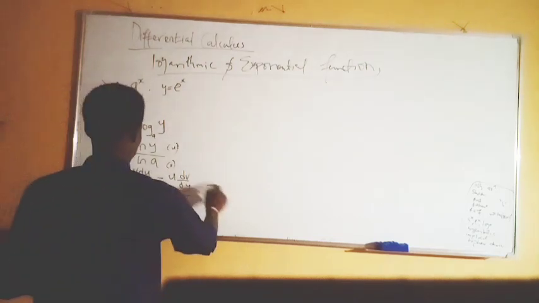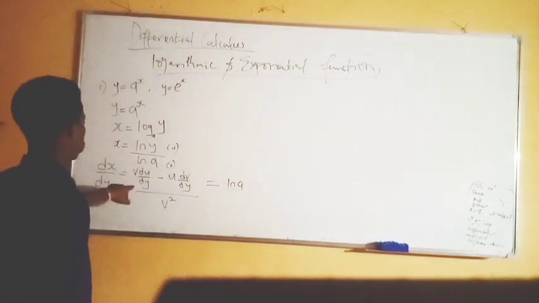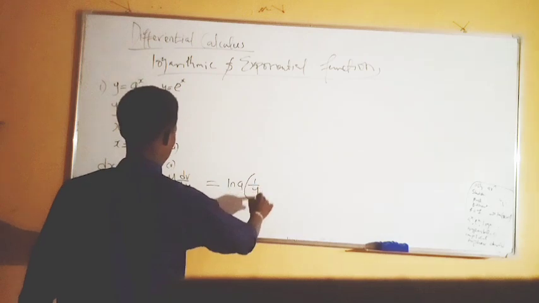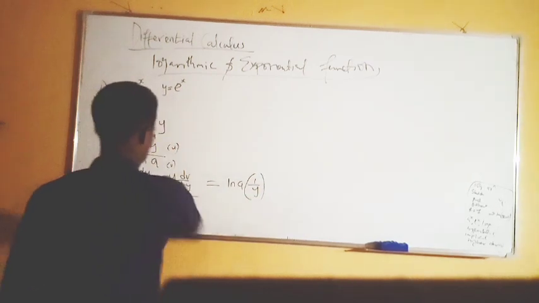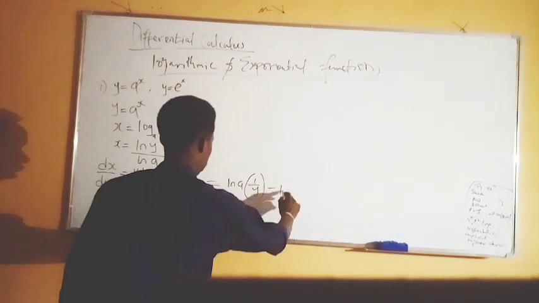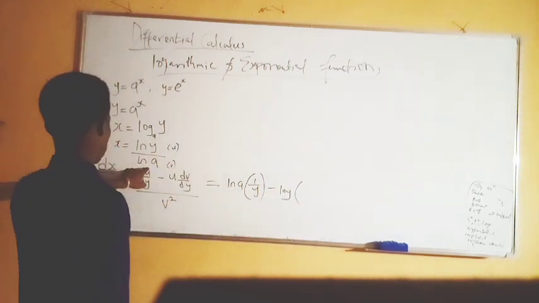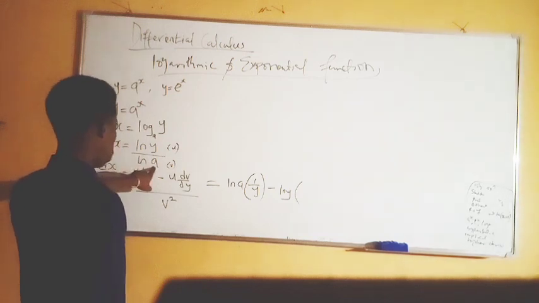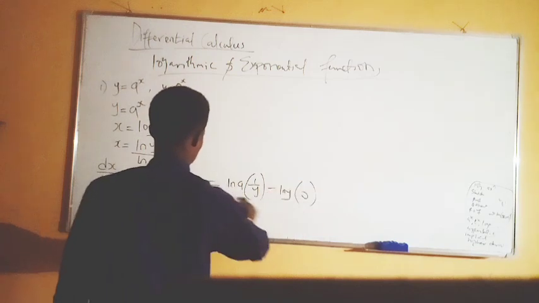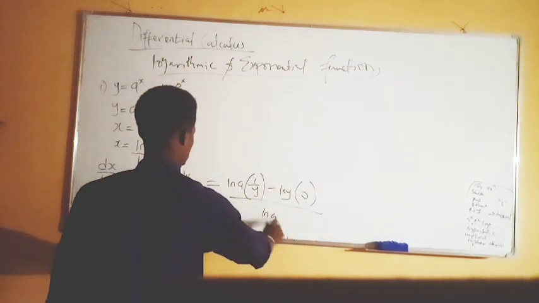What's our v? ln a. du/dy, differentiating this gives us 1 over y, minus u, ln y, times dv/dy. A is a constant, so ln a is also a constant. That gives us 0 over v squared, ln a all squared.